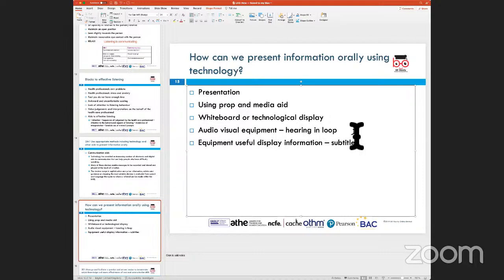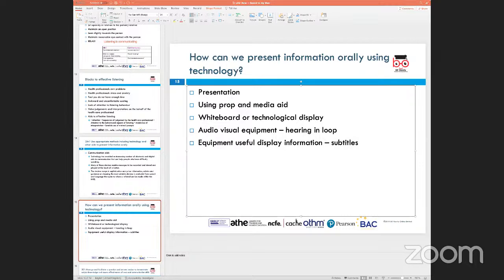So in some cases, technology is being used to provide this information, complementing or supplementing the information being provided, to send it across to a patient or a large audience. You would see display screens put up in open areas.